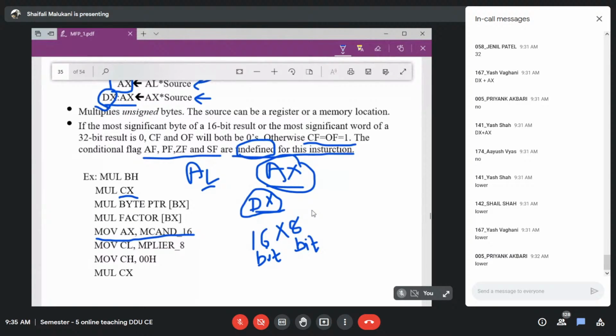How to write that program? If it is 16-bit and 16-bit, suppose 16 cross 16, I will store this in AX and this in CX.